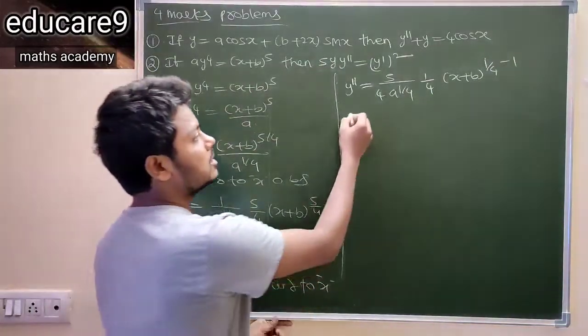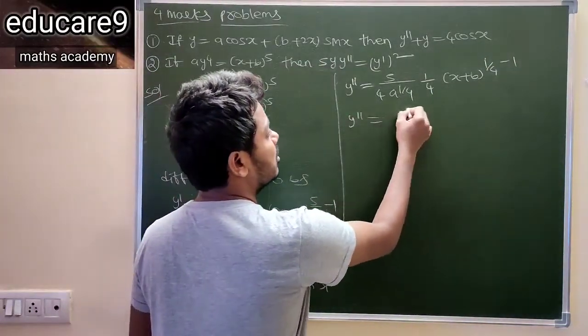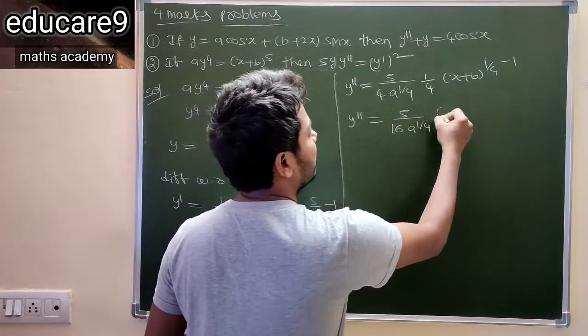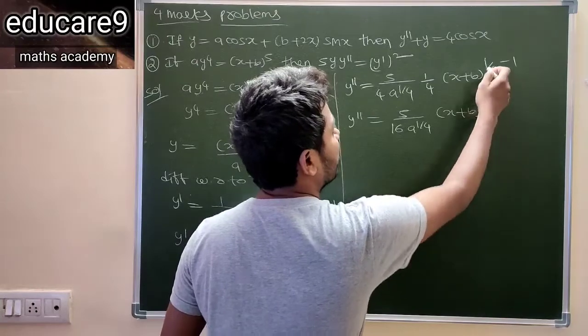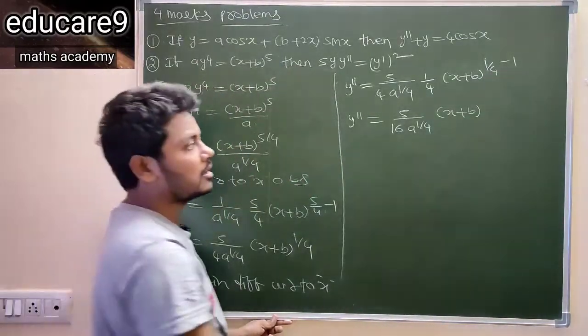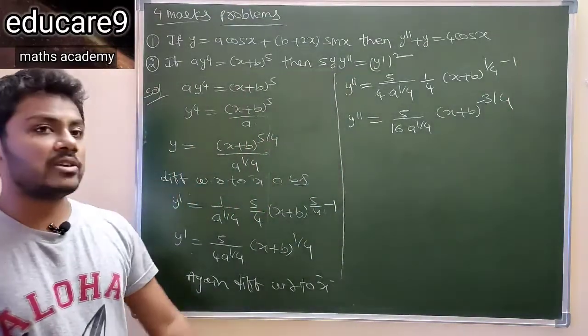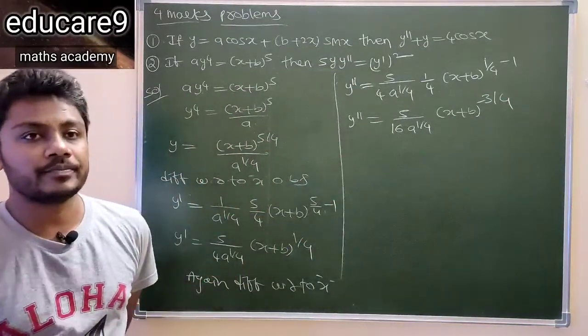So y double dash is equal to 5 by 16 a power 1 by 4 x plus b whole to the power of 1 by 4 minus 1, that is minus 3 by 4. So this is the value of y double dash.